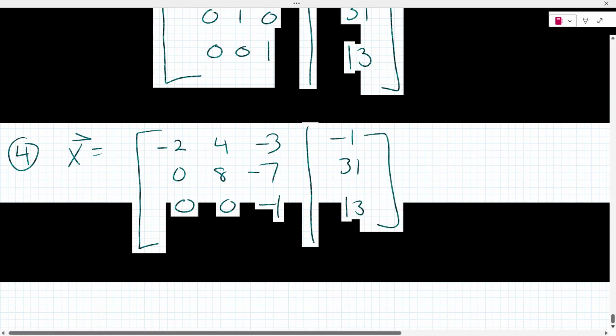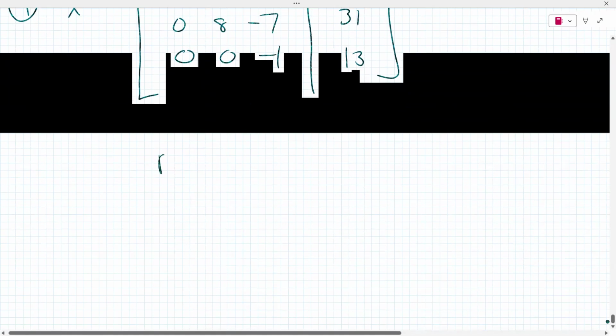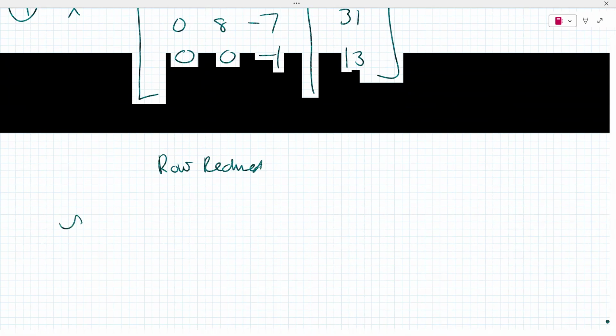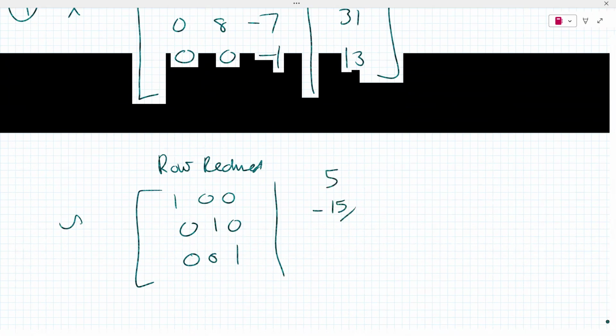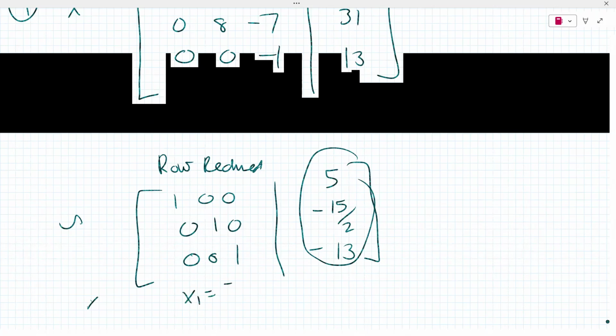And then what you do is row reduce, and you get this. This is your answer. So that means x1 is 5, x2 is -15/2, and x3 is -13.